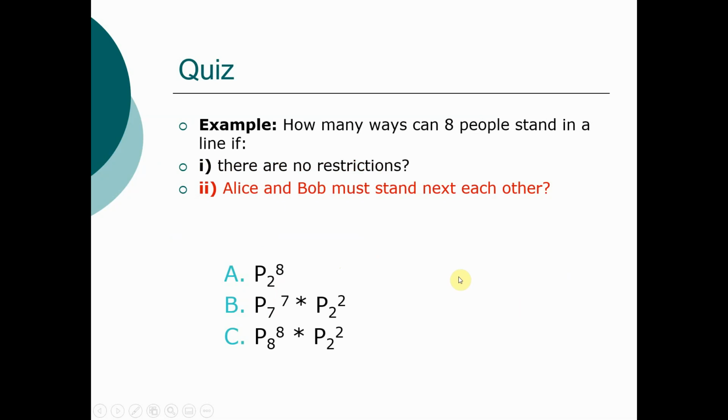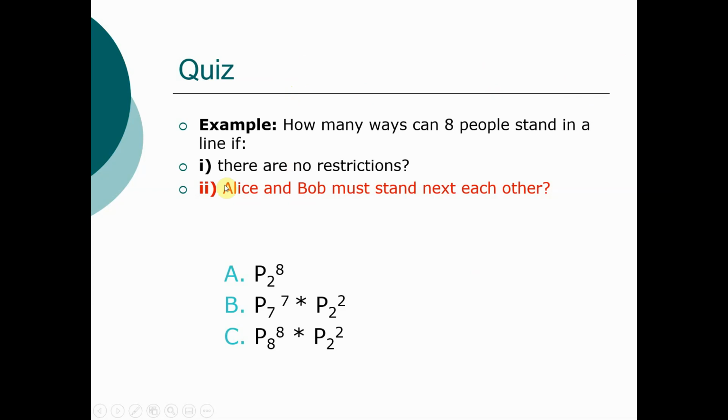Okay. Now, what if we have another restriction? We want to place 8 people in a row, in a line, assuming close to a wall, we have 8 different places and we want to put 8 people in these places. We basically want to line them up.